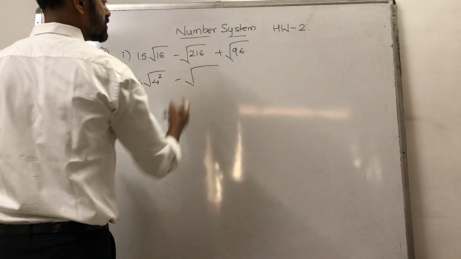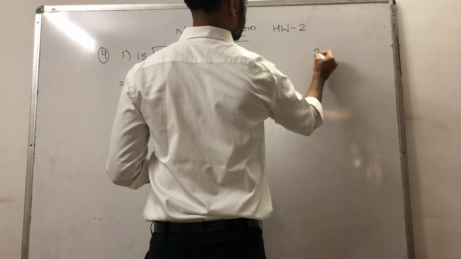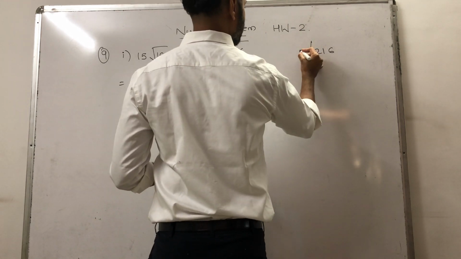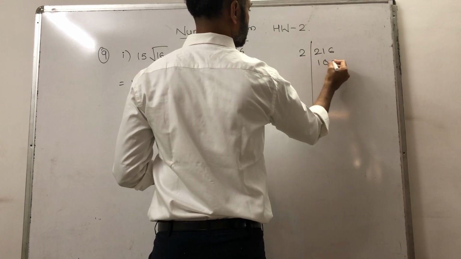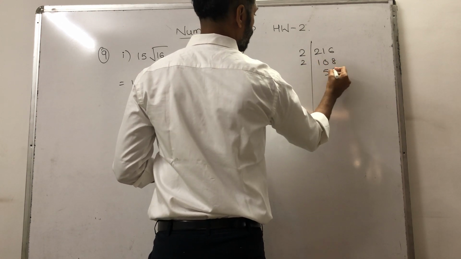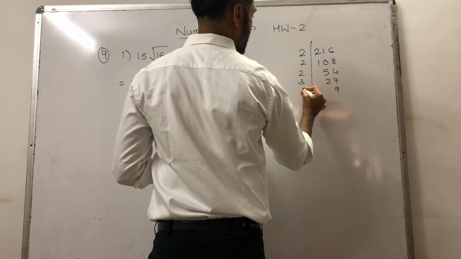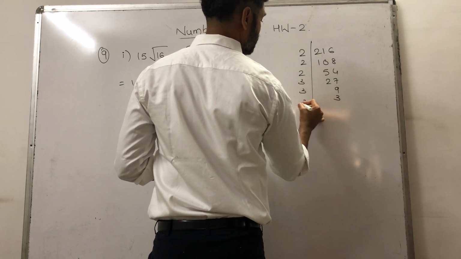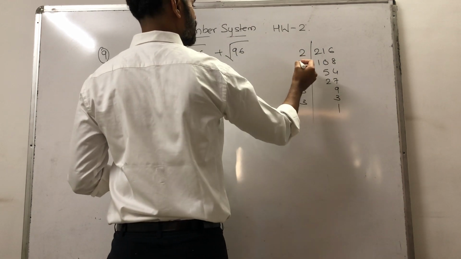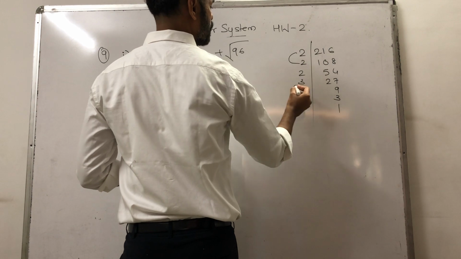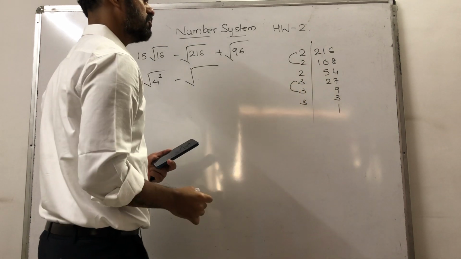The biggest perfect square factor of 216, if you want to find the perfect square factor of any term, what do you do? You factorize that term. So this is 108, 2, 54, 2, 27, 3, 9, 3, 3, 3, 1. So now if you try to pair it, you have a pair of 2, a pair of 3.